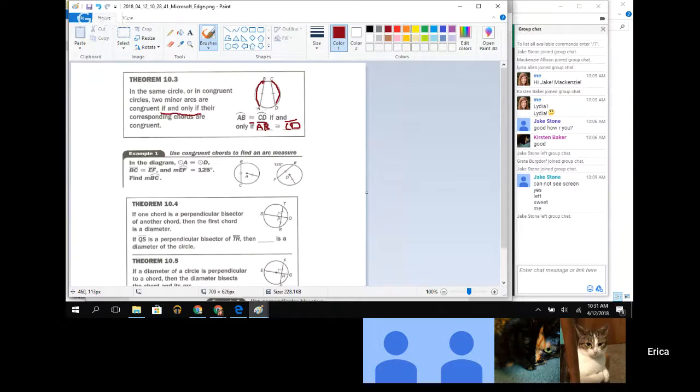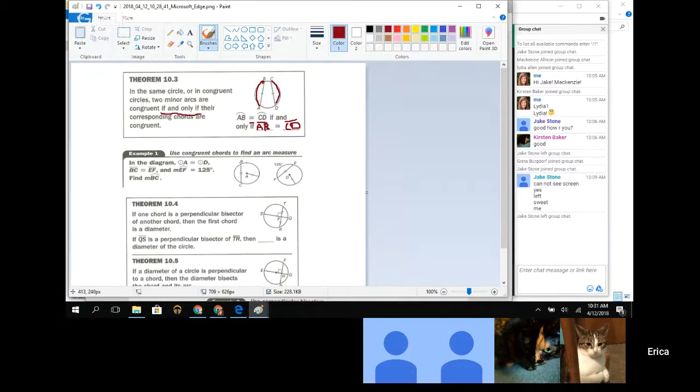Okay, so here's a quick example of how we could use that. In the diagram, circle A is congruent to circle D. So these two circles are the same. Line BC is congruent to line EF.